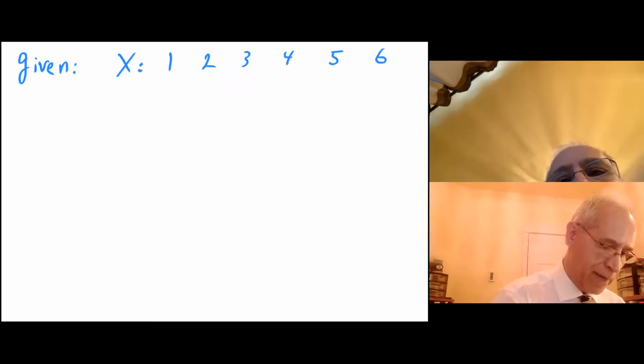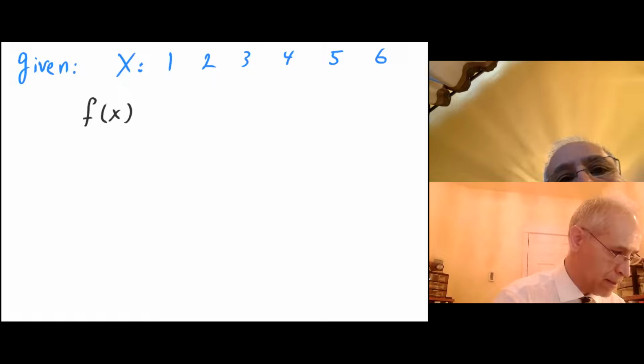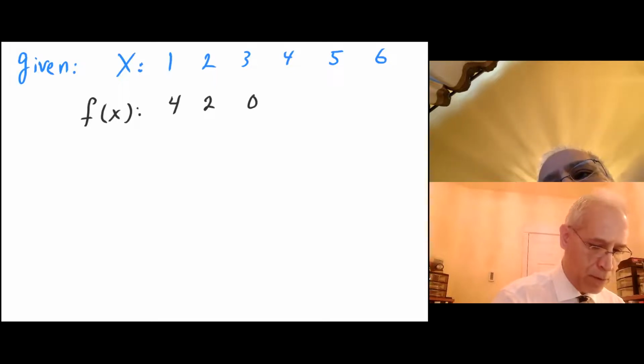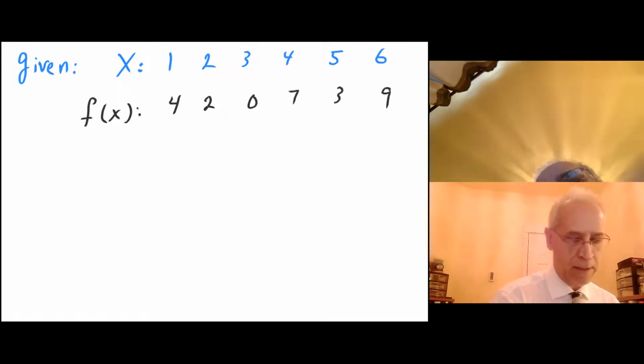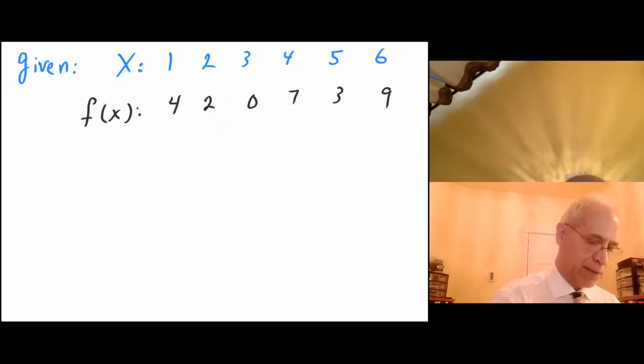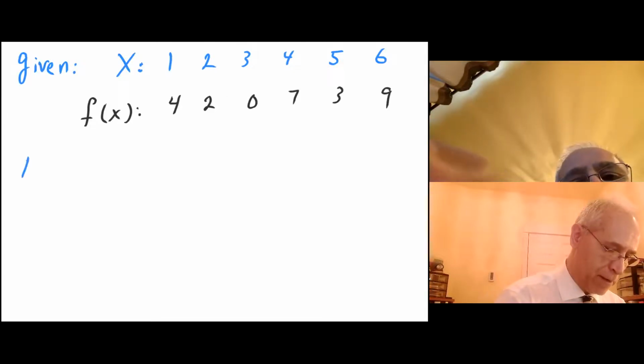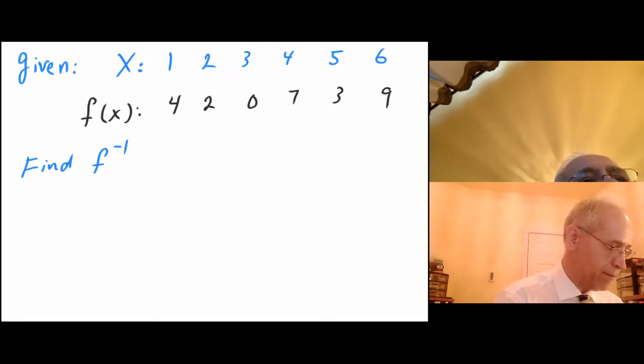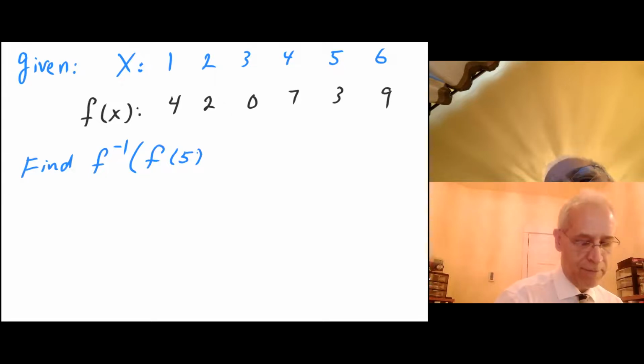And for y values, we are given f of x is 4, 2, 0, 7, 3, and 9. And in this case, the question asks, find f inverse of f of 5.